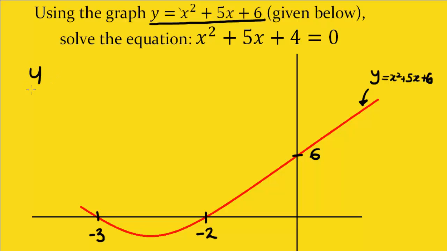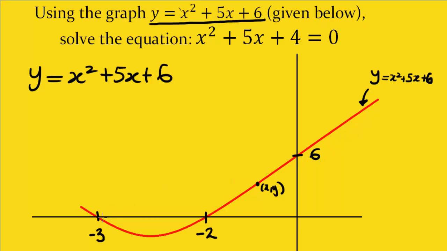So let me just put it to you this way. Now, this graph is y equals x squared plus 5x plus 6. In this equation, x and y are variables. And if you look at the graph, every point has coordinates x, y, which is why x and y are variables, because x and y change. They can take several values.